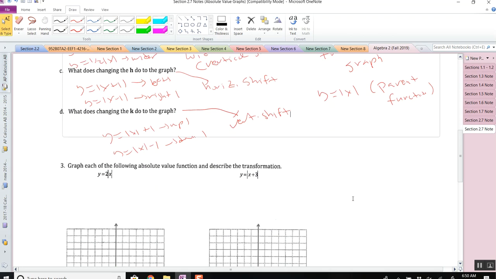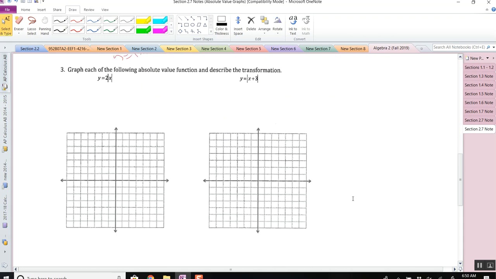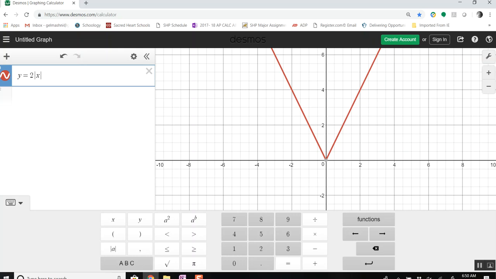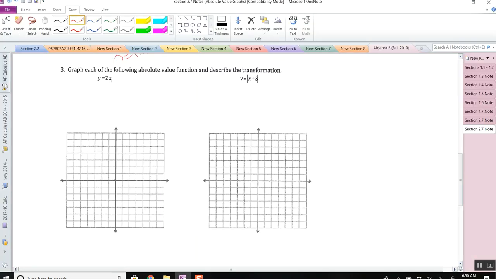So we're going to do some more graphing here. Again, if I go back to Desmos and put a 2 there, we see that we have 0, 0 still, but x equals 1, we have 2, and x equals -1, I have positive 2. So see how the graph got vertically stretched.